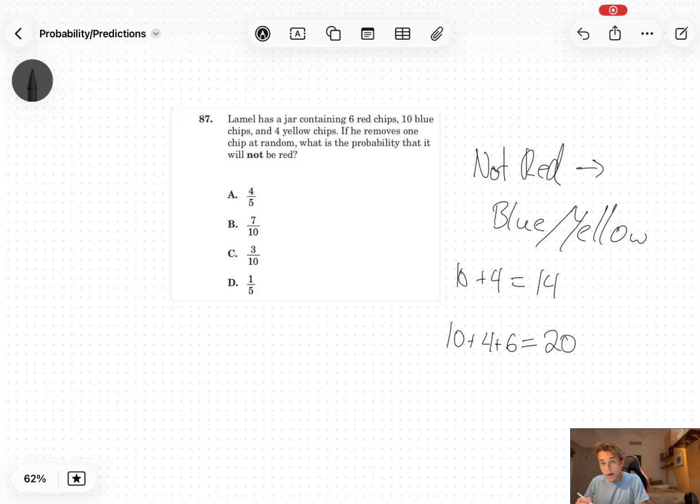So the probability of him drawing a chip that's either blue or yellow, also known as the probability of him drawing a chip that's not red, is 14 over 20, which is equal to 7 over 10, which is answer choice B.